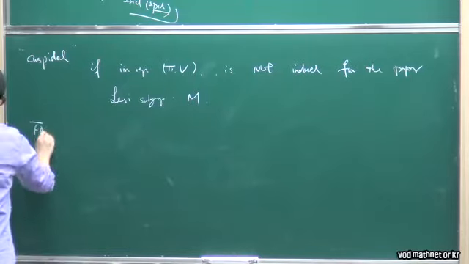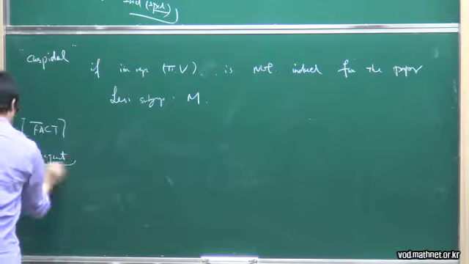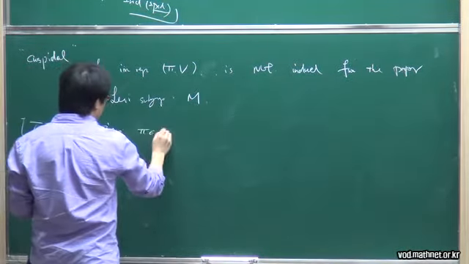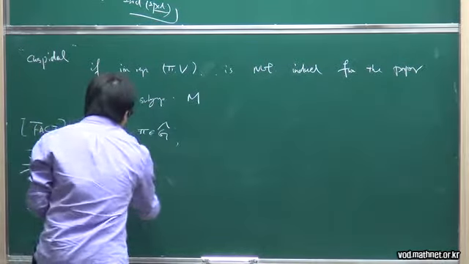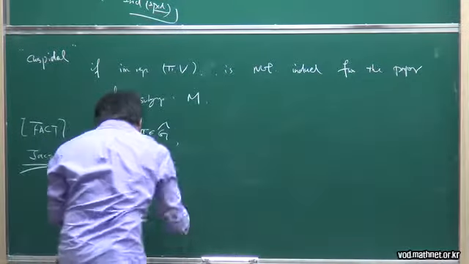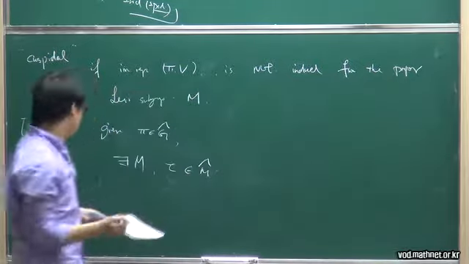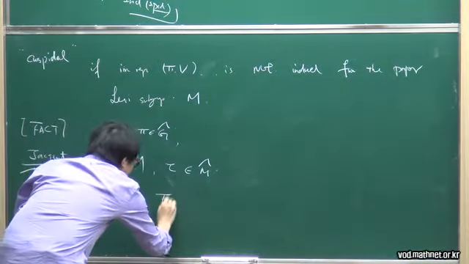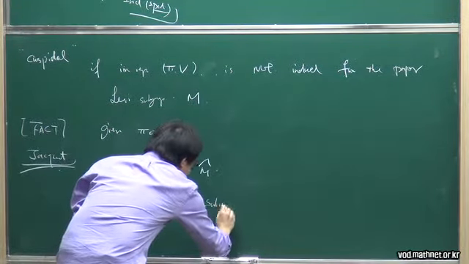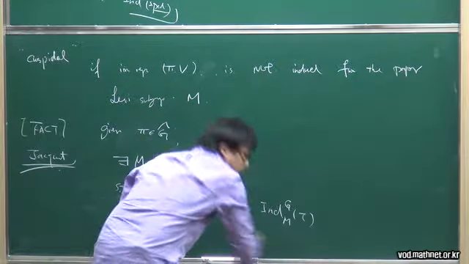In fact, we have a fact by Jacquet. Given any element in G hat, we can always find a Levi M and tau belonging to M hat, such that pi is isomorphic to a subrepresentation of the induced representation from M to G of tau.